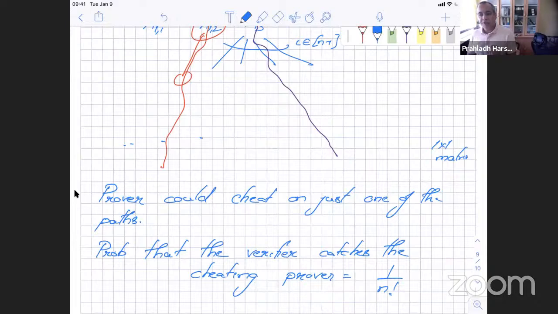This is too close to 1. I need it to be bounded away from 1. That is, if it was inverse polynomially bounded, you could repeat it. This is inverse exponentially close to 1. So this is not good enough. This strategy is certainly not an IP protocol because it is not sound. Therefore, the protocol is not sound.